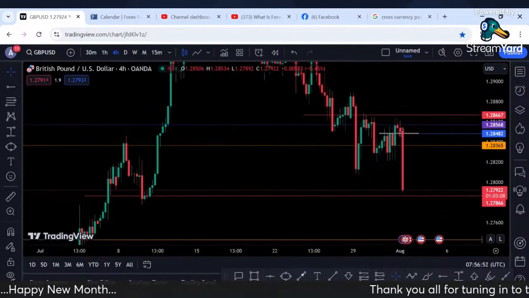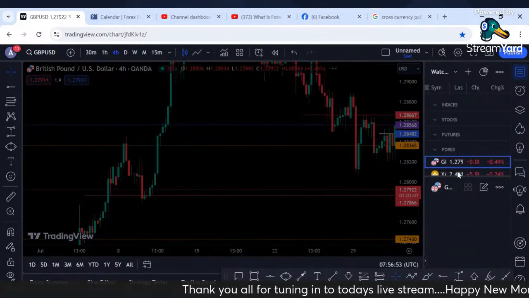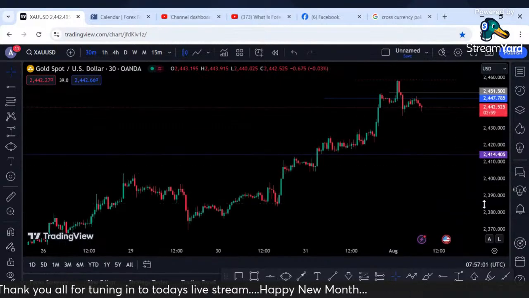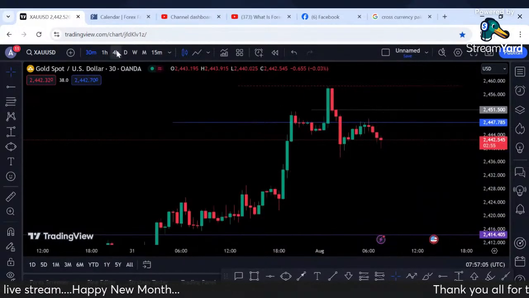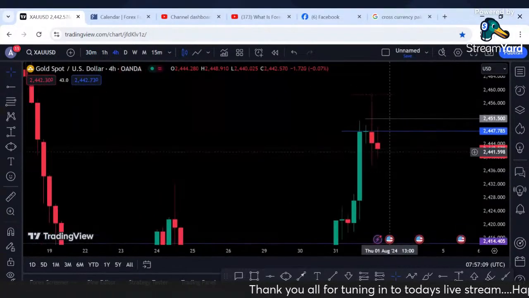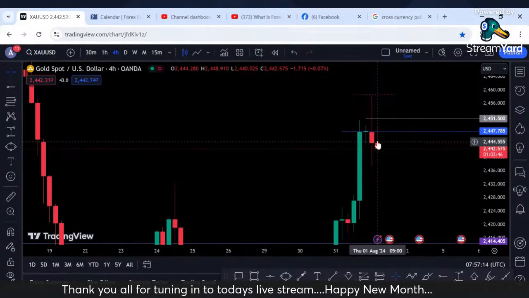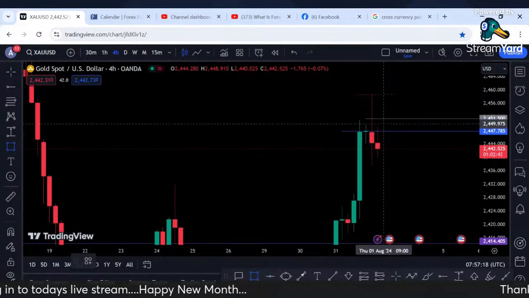Okay, so if there's no question, no trade today too. If there's no question, let's call it a day. As I said, with gold, I was thinking maybe the 9 o'clock candle is going to close bullish.